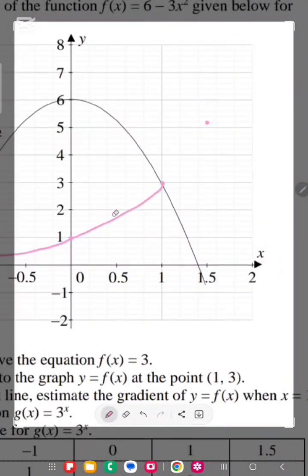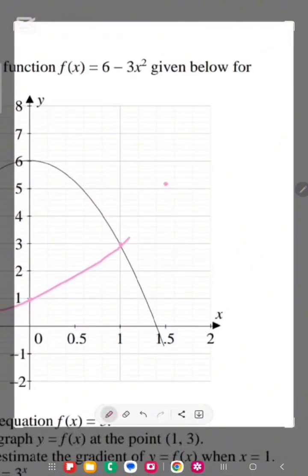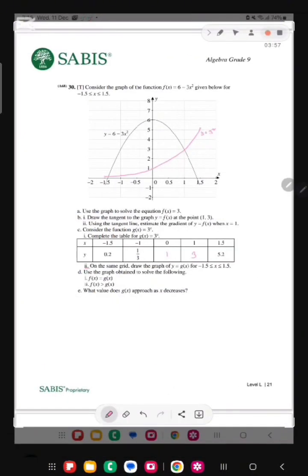That's why I recommend again bringing a ruler. So that it should be something like that. And label it. It's very important to label it. y equals 3 to the power of x.